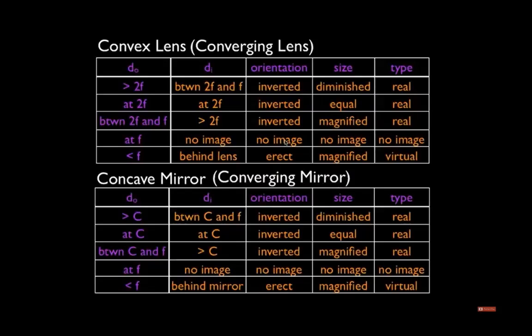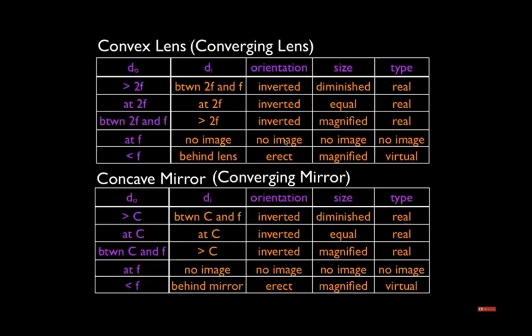If we look at convex lenses, if the distance is greater than 2F, the image location is between 2F and F. And if you look at the concave mirror, if it's greater than C, the image location is between C and F. So very similar at 2F, at C, greater than 2F, greater than C, no image, behind lens, behind mirror. So this table is a great way to compare the two. They are very, very similar.